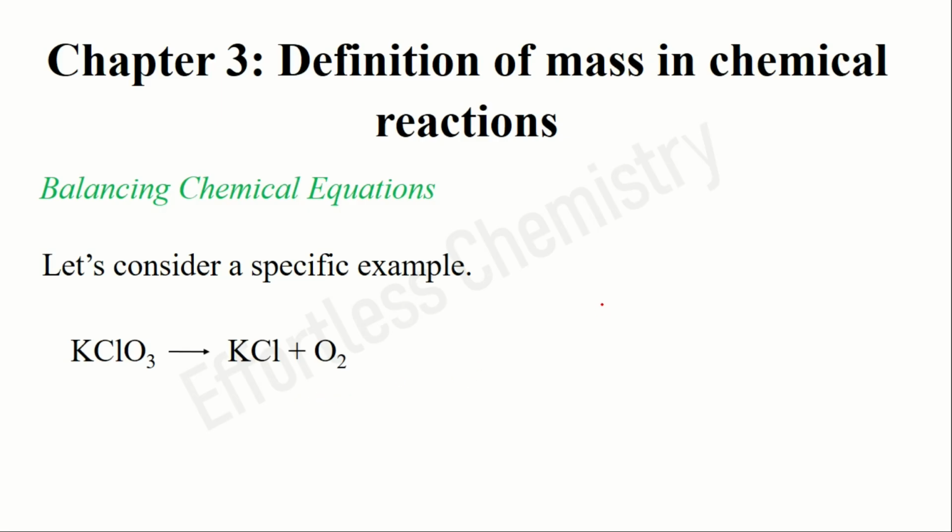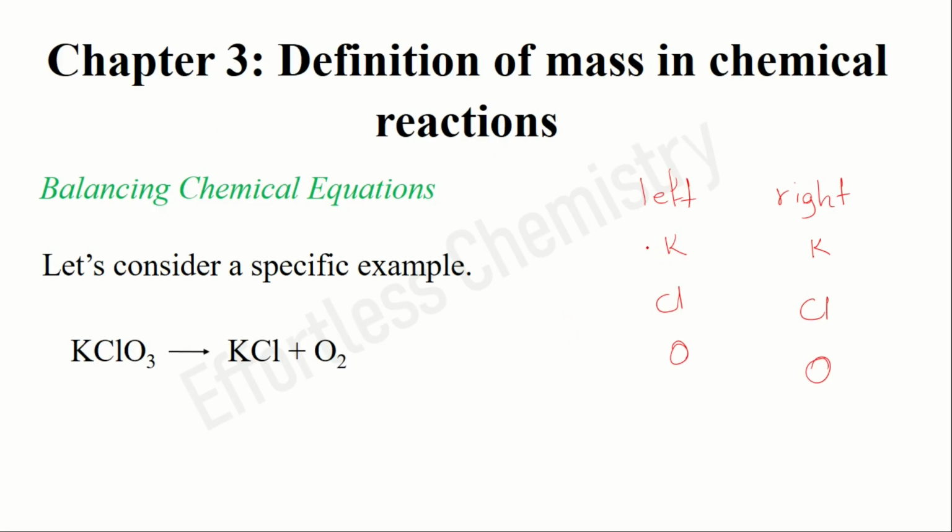For balancing this equation, again we use the same strategy. Write everything for yourself on the left side of the reaction and on the right side of the reaction. What do we have? Potassium, chlorine, and oxygen, and exactly the same thing at the right.